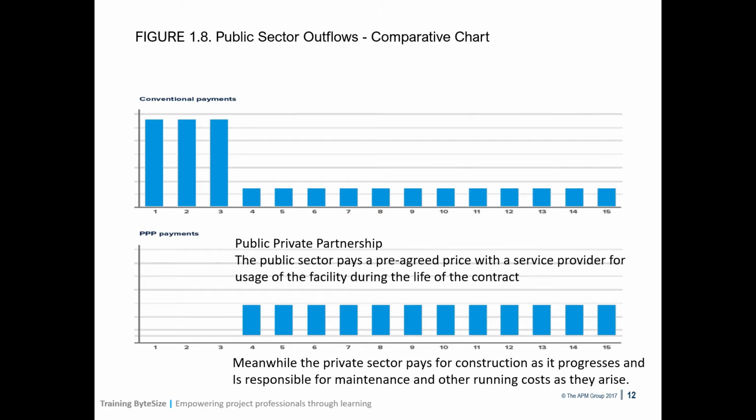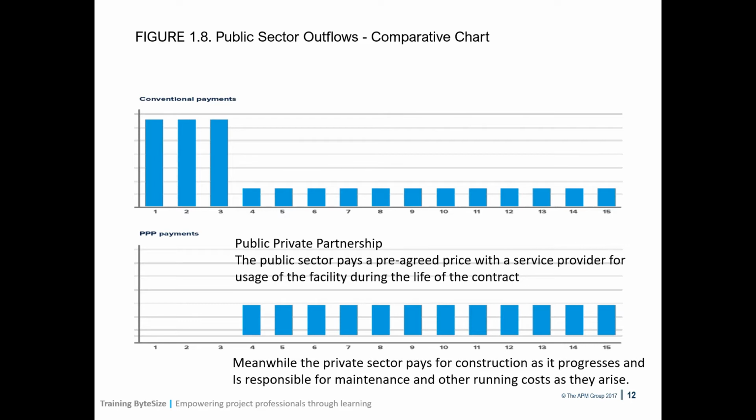So we can see here that the amount that the public sector is paying during that period of service operations is slightly higher than it would be under a conventional procurement. But then on the other hand, the public sector has not made any upfront capital payments, and indeed the quality of that service delivery is what will cause the private sector to be paid.